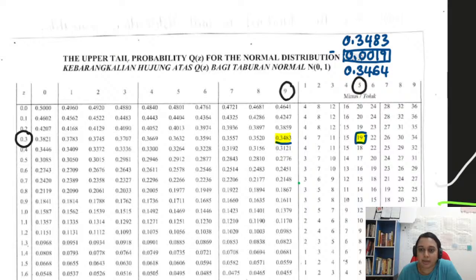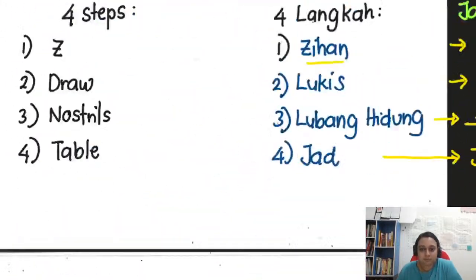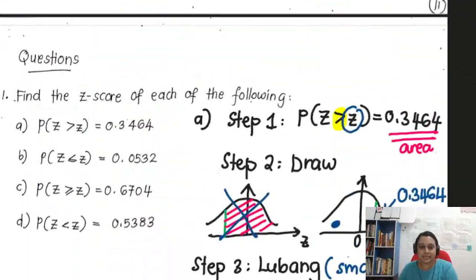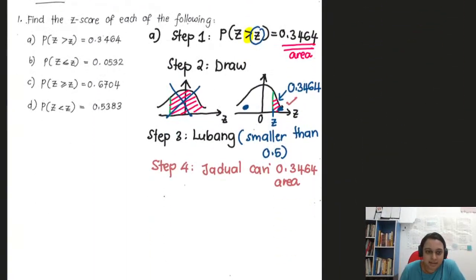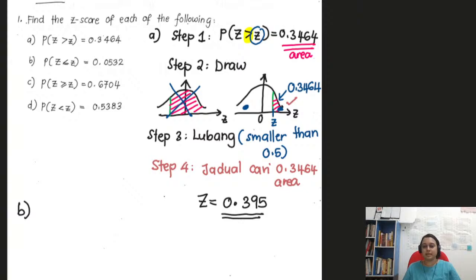So my answer here, I have already found my Z. My Z is 0.395. How are you all, getting clearer? Is it getting clearer?